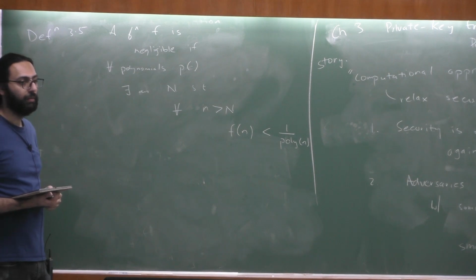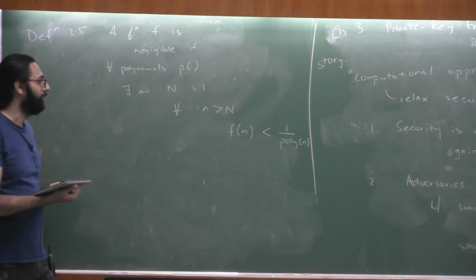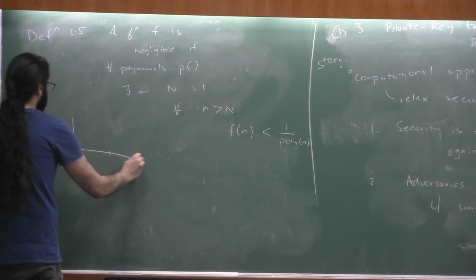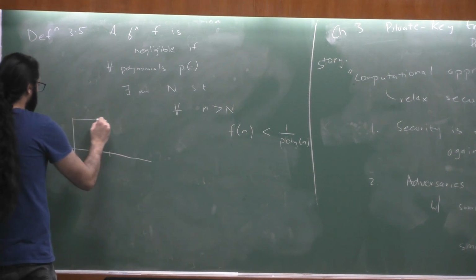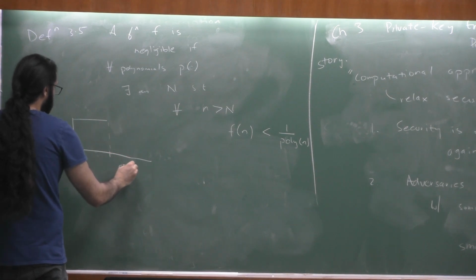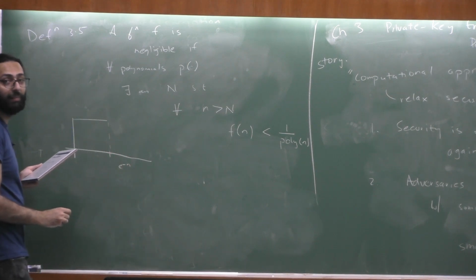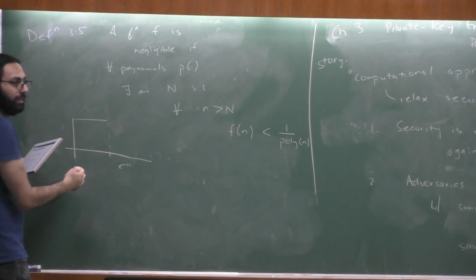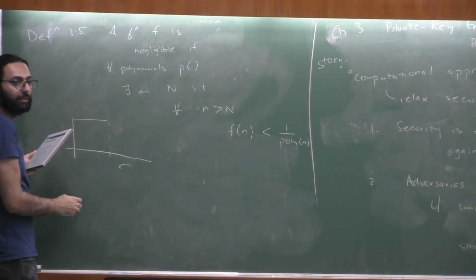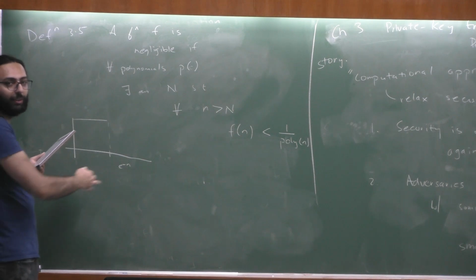Okay. Like for example, if you had a discontinuous function, say it was 1, and then after this point it goes e to the minus n. Okay, this would still be negligible because as you increase n, it decays. So it doesn't matter what it does in the beginning. There has to just be a cutoff.